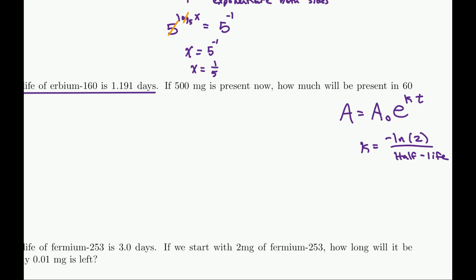And then they say 500 milligrams is present now, well, that's the starting amount of erbium 160, so that must be the A0. If I write out my equation, I can fill in the k and the A0.